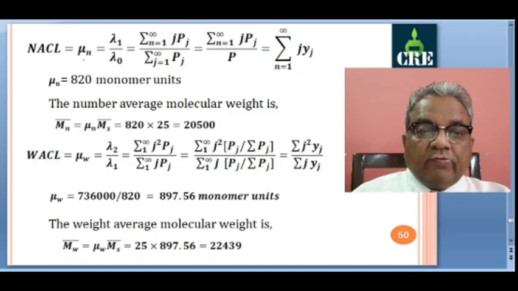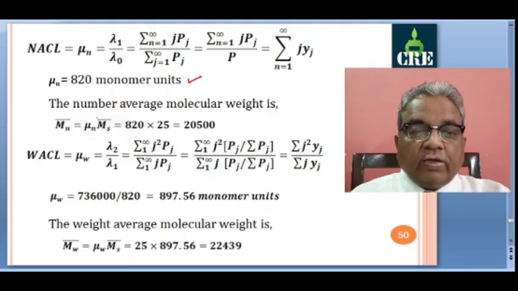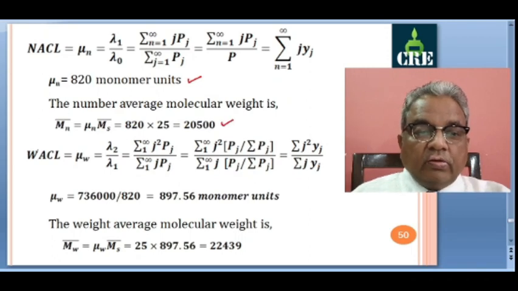So the number average chain length is 820 monomer units. The number average molecular weight is mu n multiplied by Ms, the average molecular weight of one structural unit, the monomer. This is 25, so 820 into 25 is 20,500.